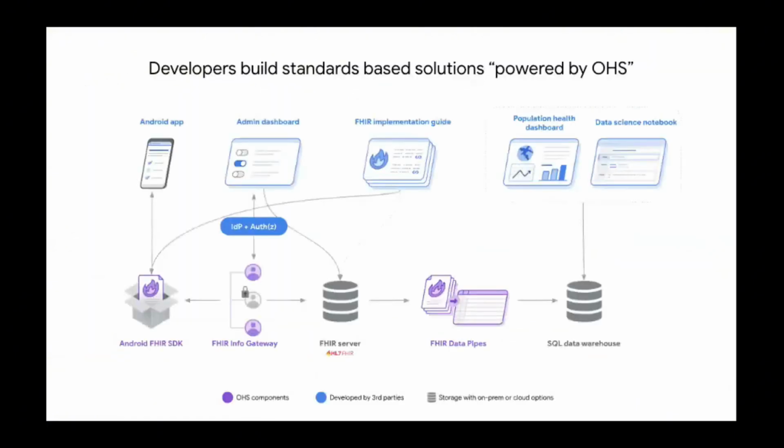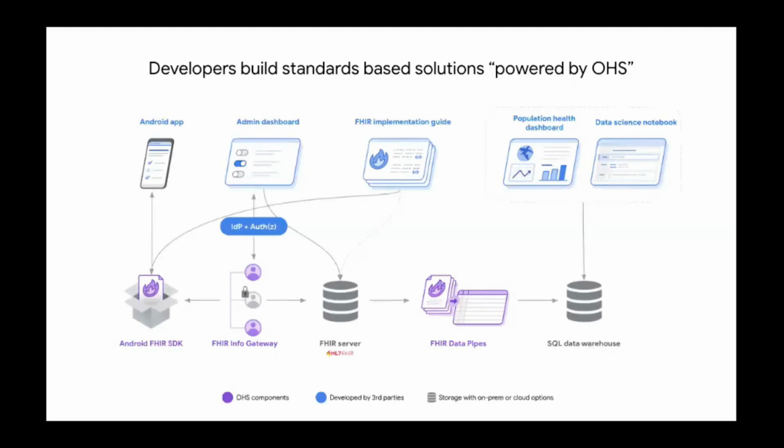And so with Open Health Stack, which are the purple bits at the bottom, right? I just want to highlight here that these are used by developers to build standards-based solutions that leverage FHIR in some way, that are effectively powered by OHS, right? So OHS itself is not a competing solution.